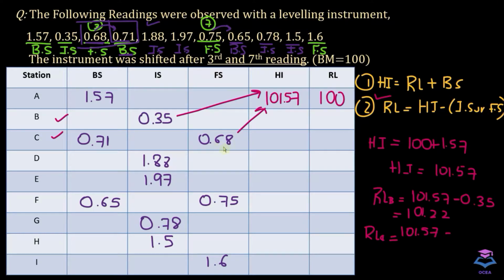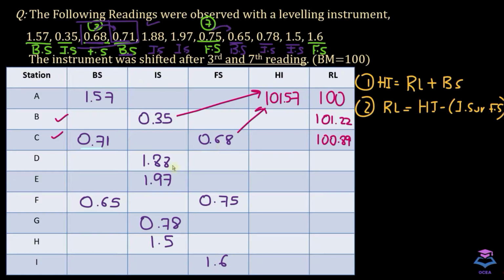So FS at C point is equal to 0.68. And RLC is coming out to be equal to 100.89. So RLB is 101.22 and RLC is equal to 100.89.